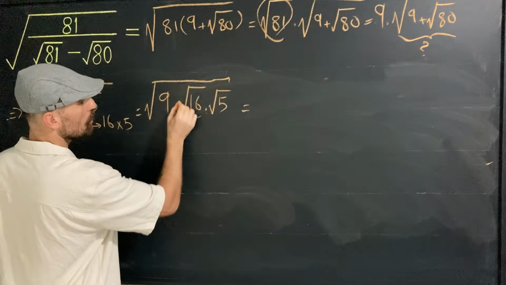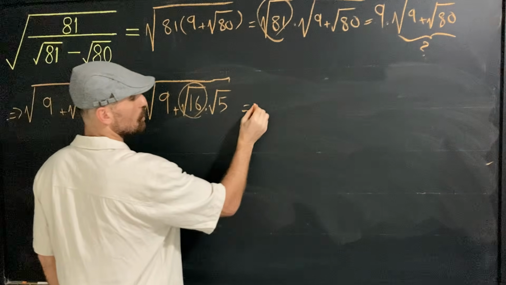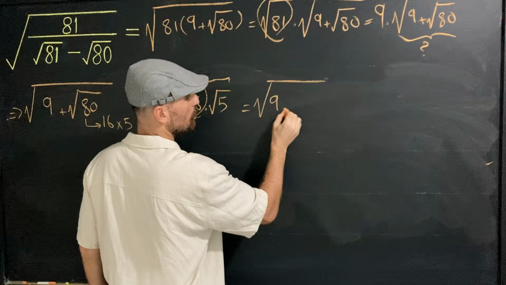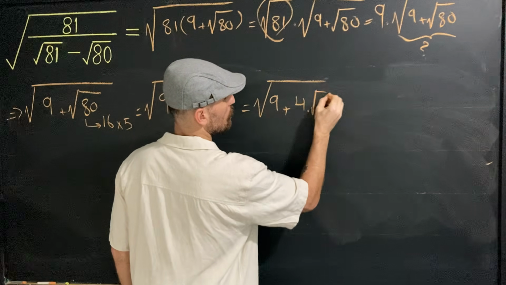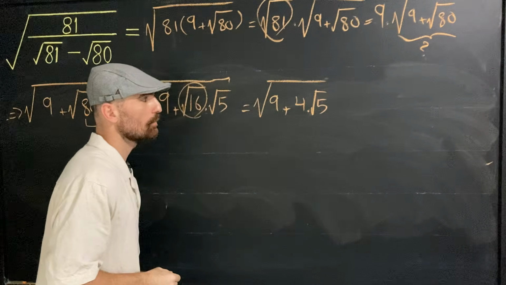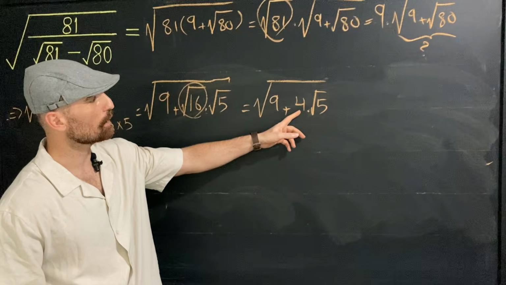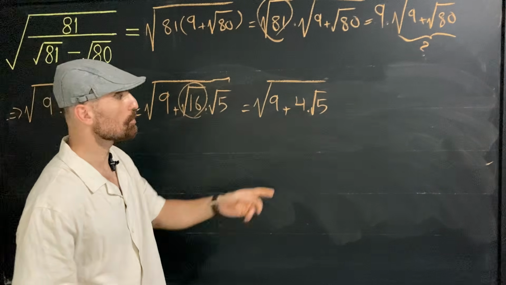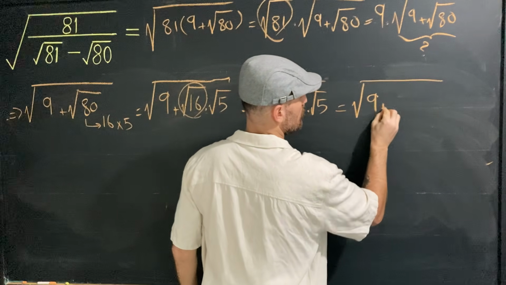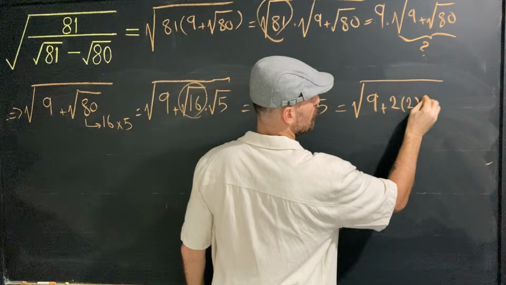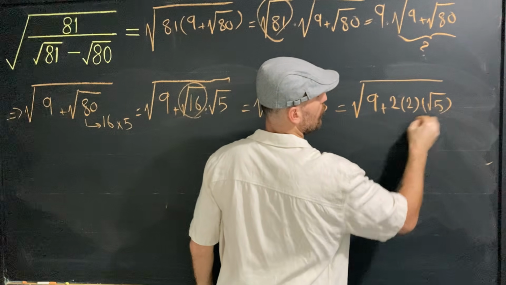Next step, all you know what is second root of 16. So I write here 9 plus 4 times second root of 5. Next step, what do we have? 4 can be written in the form of 2 times 2. Let me rewrite it. 9 plus 2 times 2 times second root of 5.